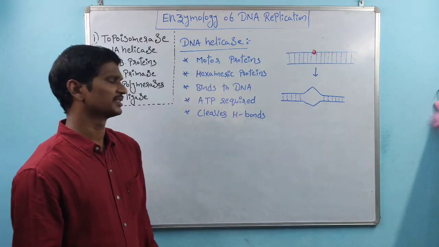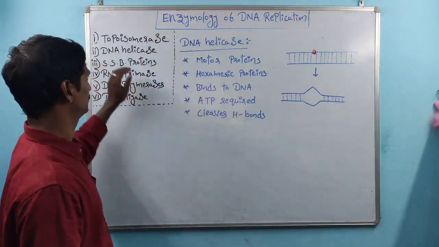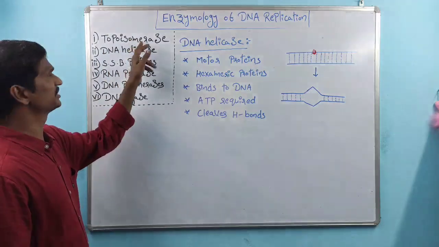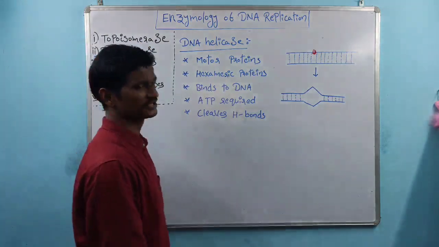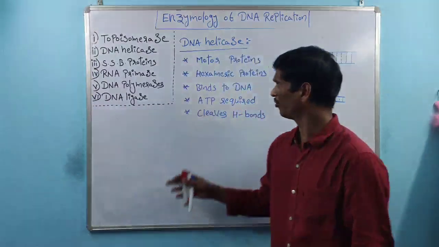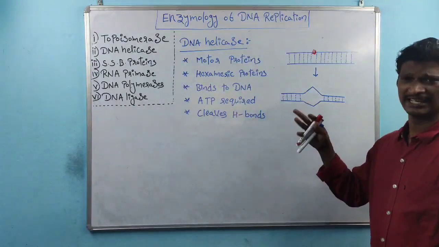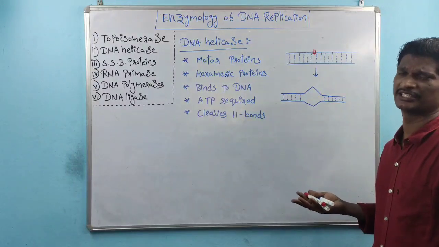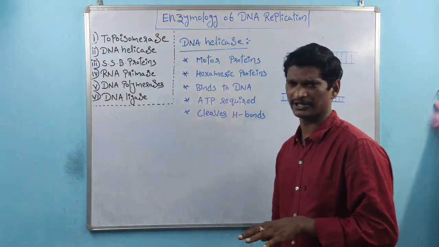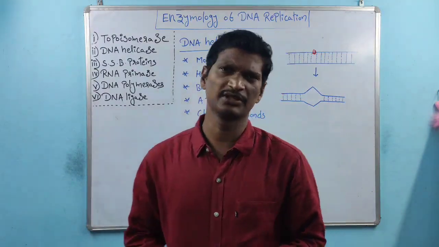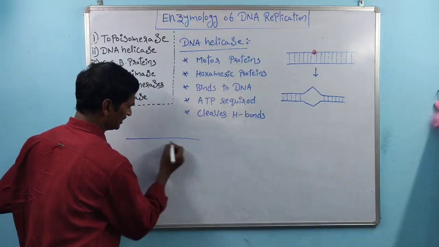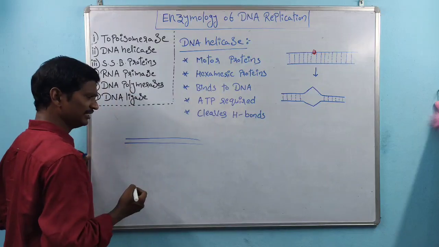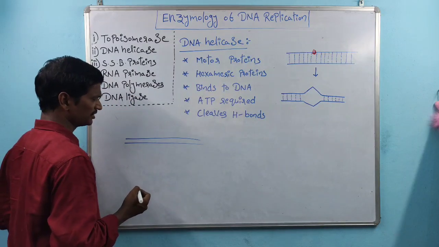Coming to the next topic, the DNA helicase enzyme. The very first enzyme we discussed was topoisomerase, right? And coming to the next enzyme, DNA helicase. DNA helicase supports the separation of the two strands of the DNA. Okay, this is one of the DNA during the DNA replication process.